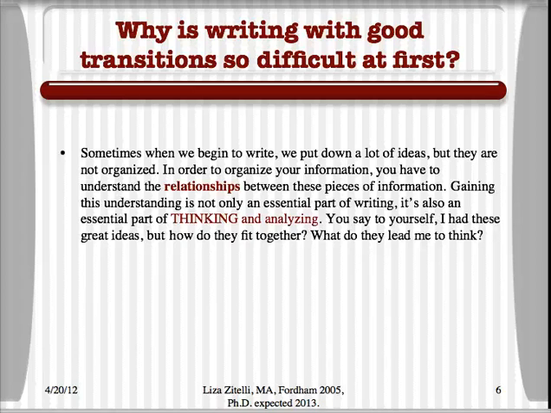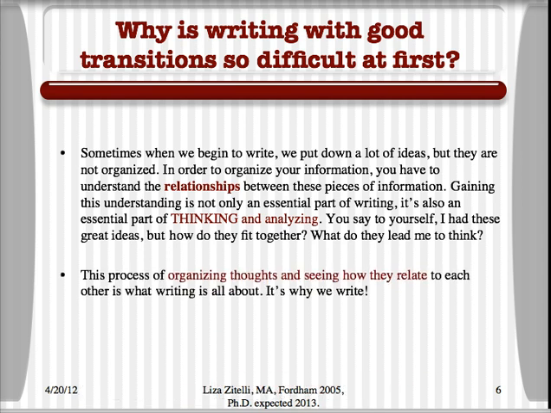Gaining this understanding is not only an essential part of writing, it's also an essential part of thinking and analyzing. You say to yourself, I had these great ideas, but how do they fit together? What do they lead me to think? This process of organizing thoughts and seeing how they relate to each other is what writing is all about. It's why we write.